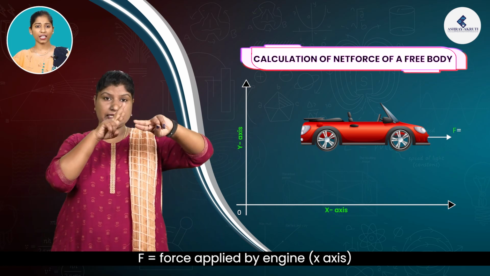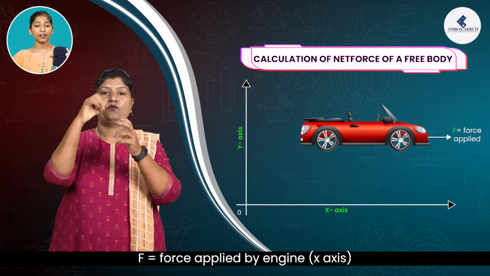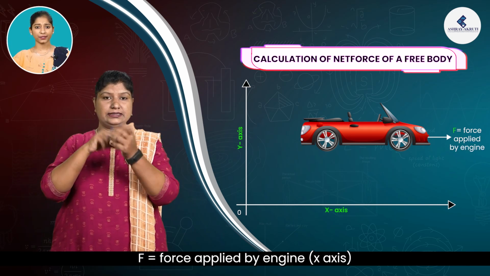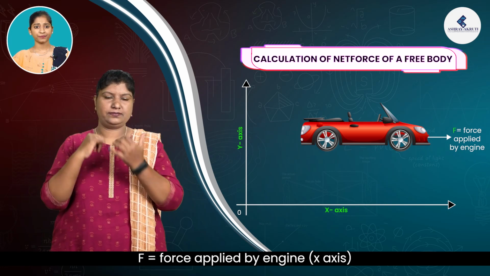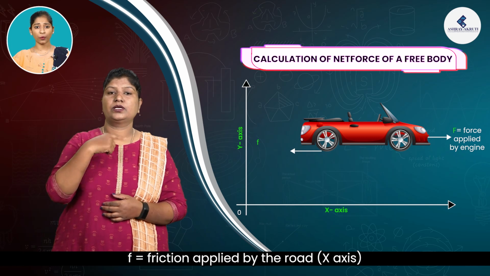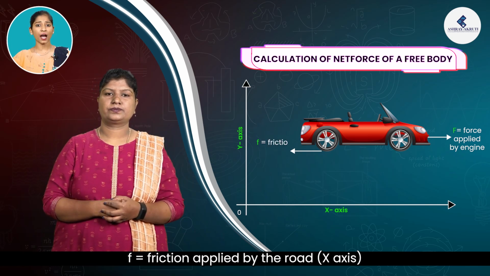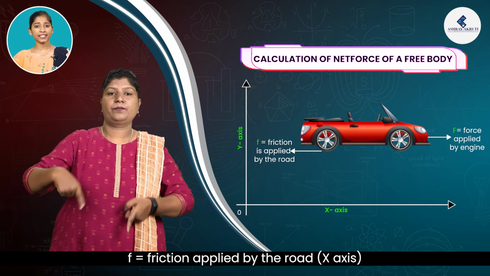Capital F is equal to force applied by engine along the x-axis. Small f is equal to friction applied by the road along the x-axis.